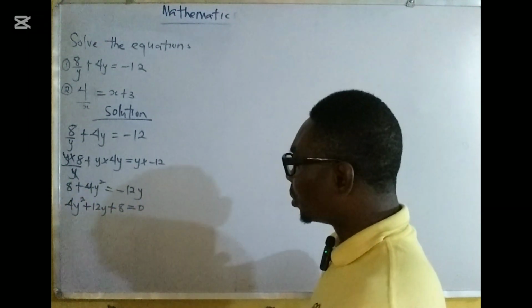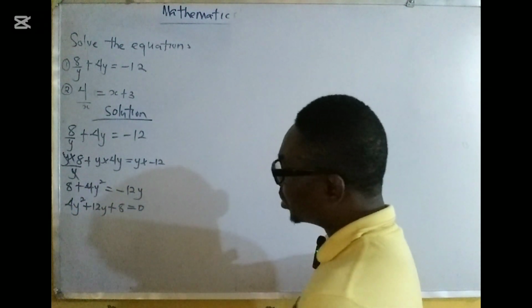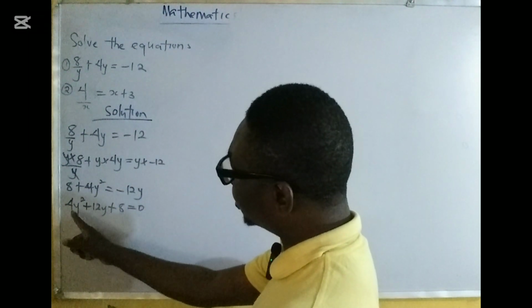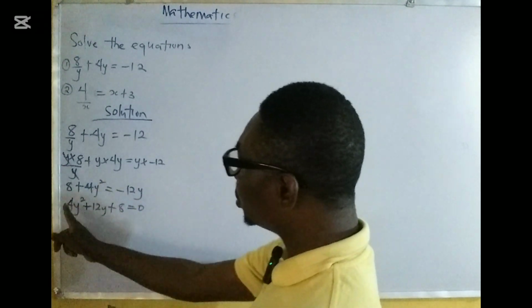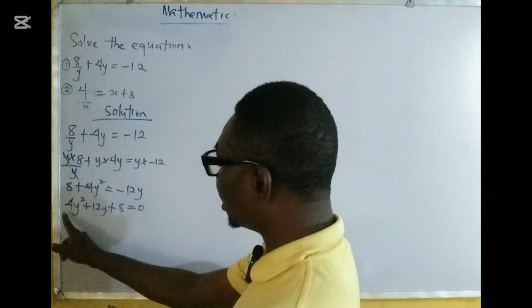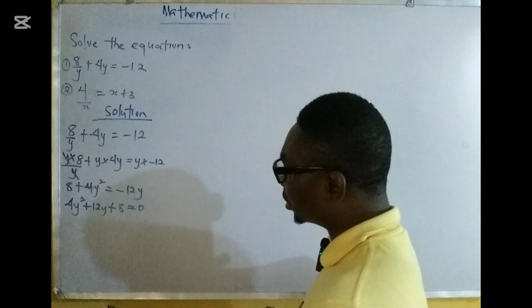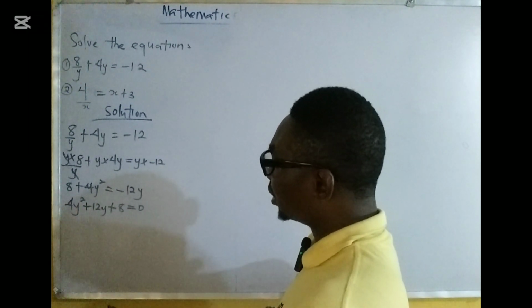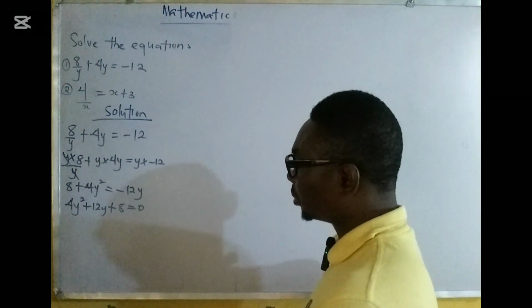So now we are going to factorize this quadratic equation. If you look at the first term here, the coefficient of y squared is 4. You're going to use the coefficient of this y squared to multiply the last term of that equation, which is 8. So you now have 4 times 8, which is 32.